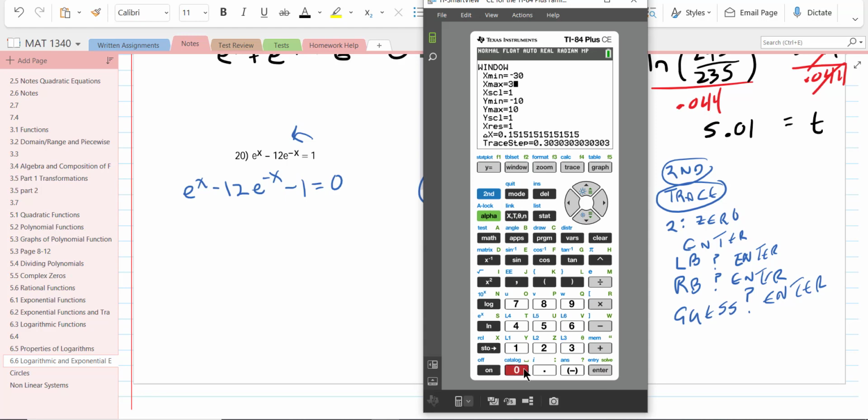When I put this one in the calculator, it looks like it only crosses one time.